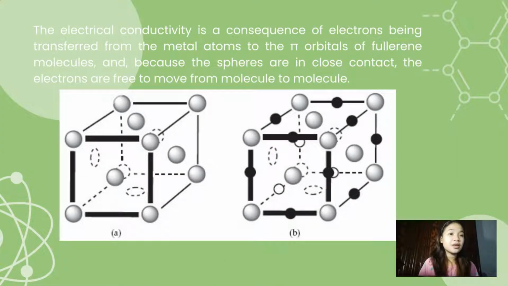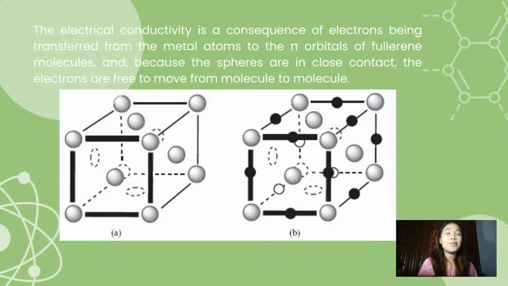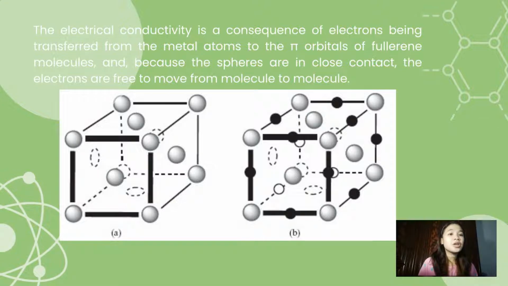The electrical conductivity is a consequence of electrons being transferred from metal atoms to the pi orbitals of the fullerene molecules, and because the molecules are in close contact, the electrons are free to move from molecule to molecule.